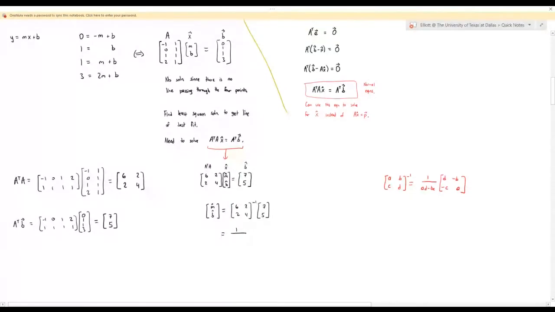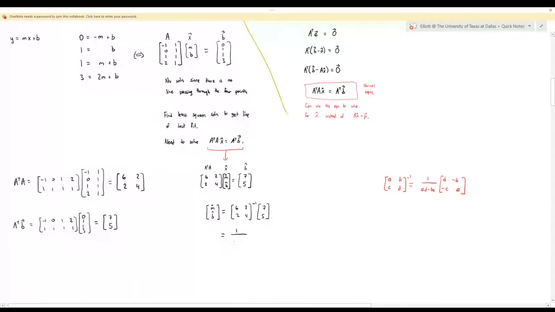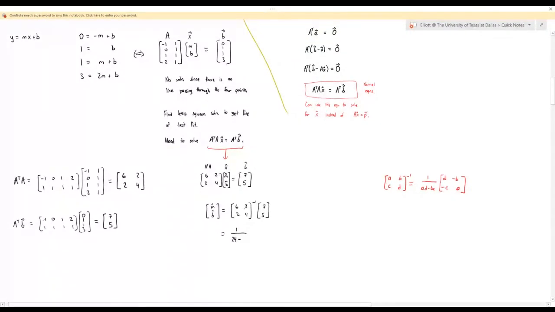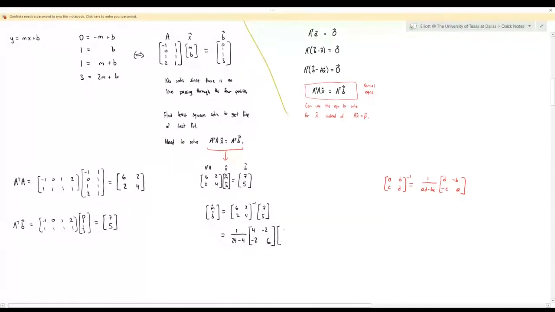So it's going to be 1 over, AD would be 6 times 4, minus BC, so minus 4. And then we swap the diagonal, so 4 and 6, and change the sign of the off-diagonal entries like that. So we have that times 7, 5.